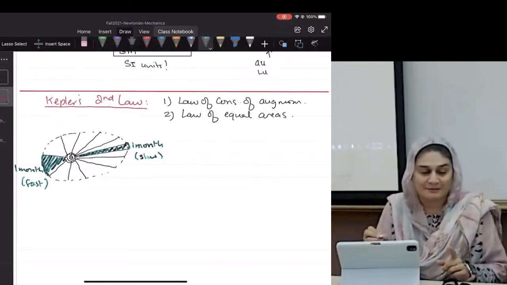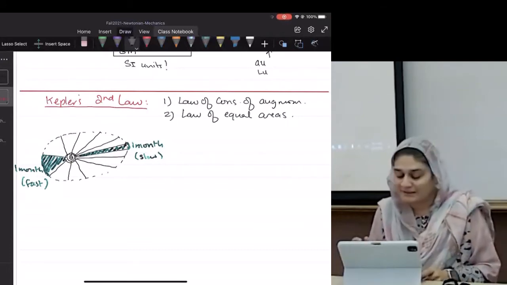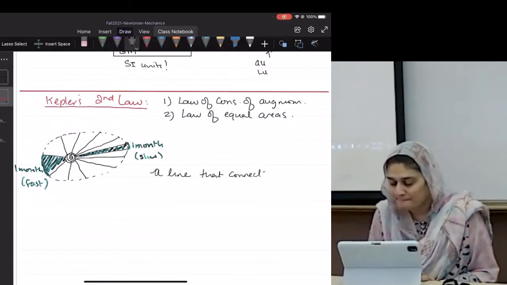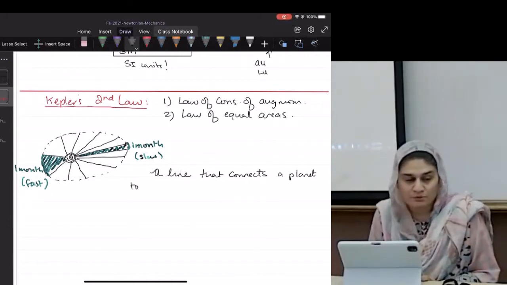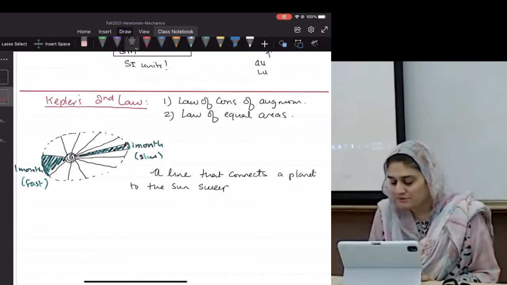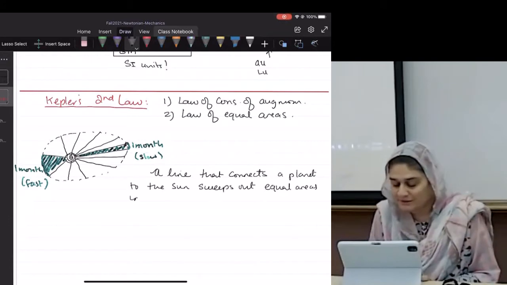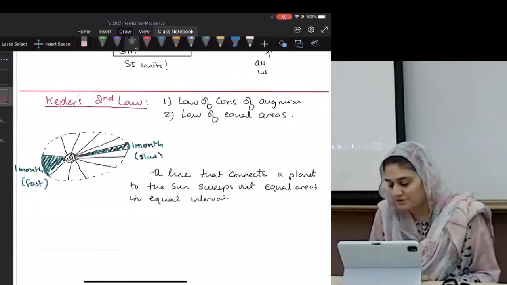Now, the formal definition is a line that connects a planet to the sun sweeps out equal areas in equal intervals of time.